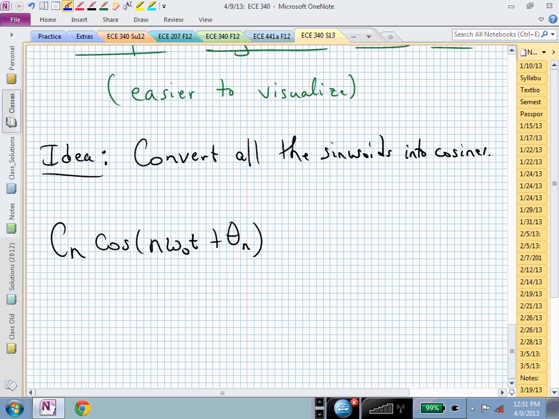What you can do now is simply think of this as an angle A and this as an angle B. And now we can simply go back to chapter B at the end, and we have this table of all of these facts, and simply say, oh, the cosine of A plus B, what is that equal to? That's now equal to C sub n times this cosine. And that's cosine A, cosine B, minus sine A, sine B.